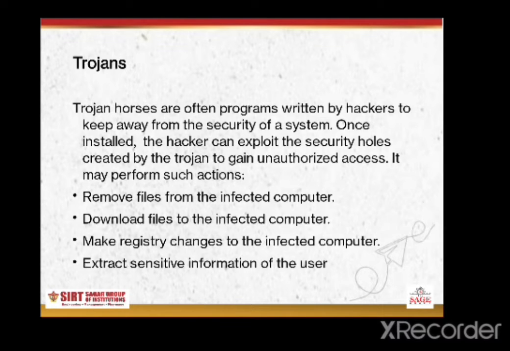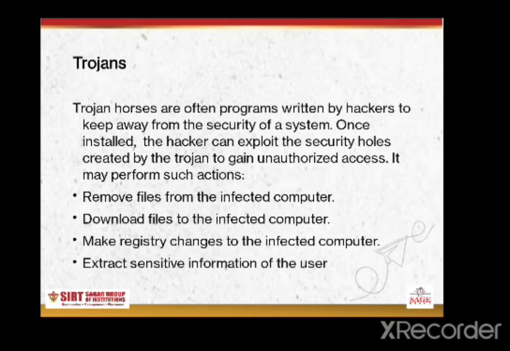Now again a malicious program is the Trojan horse. These are programs written by hackers to get around the security of the system. Once installed, they can exploit the security holes and get unauthorized access to the system.